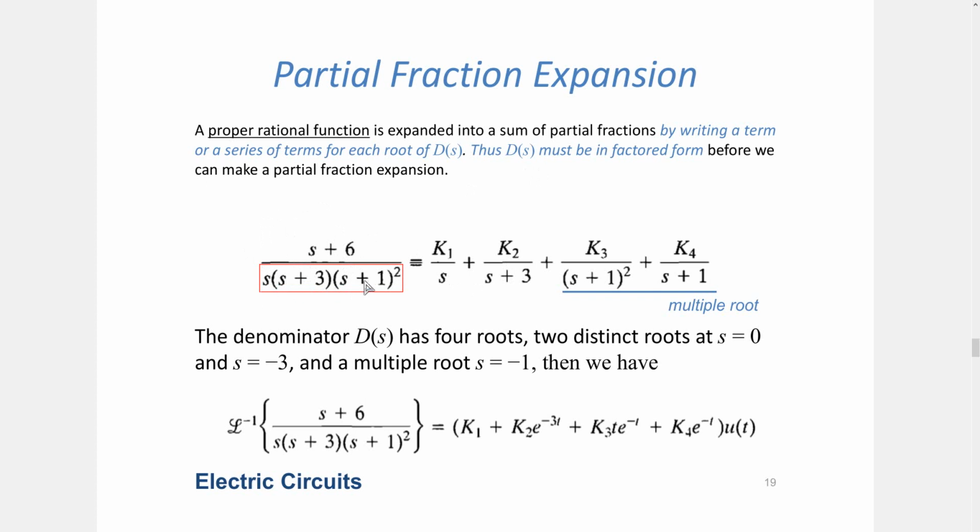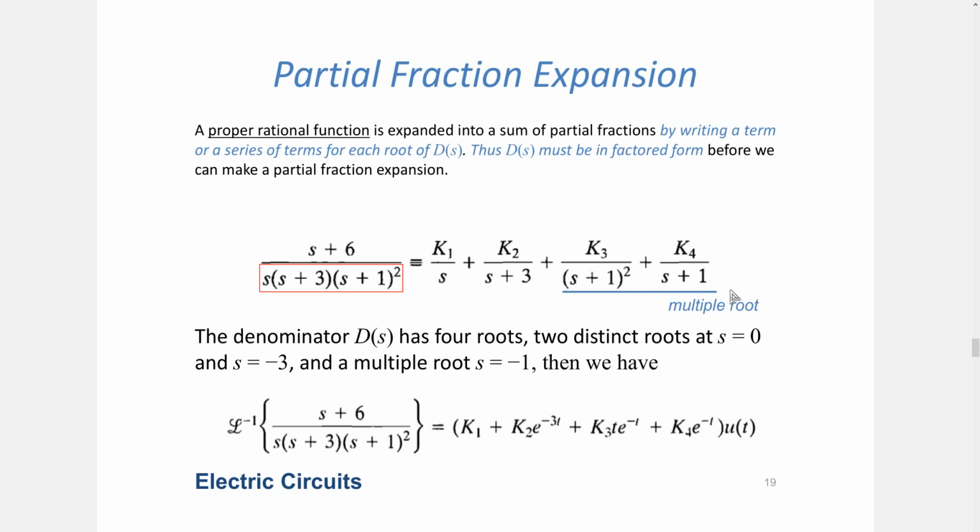As you can see, when I factorize, in this particular example, s plus 6 divided by s times s plus 3 times s plus 1 squared can be decomposed into terms like k1 over s, k2 over s plus 3, k3 over s plus 1 squared, and k4 divided by s plus 1. We can have multiple roots.